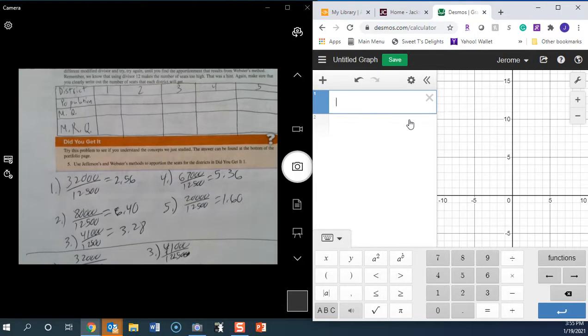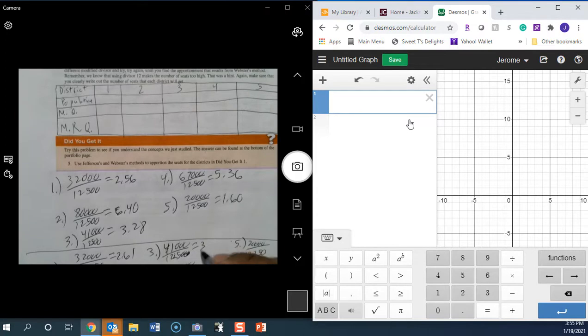District 4, we had 67,000 divided by 12,250. Then District 5, we had 20,000 divided by 12,250. So this would be 2.61, 6.53, 3.35, 5.47, and 1.63.